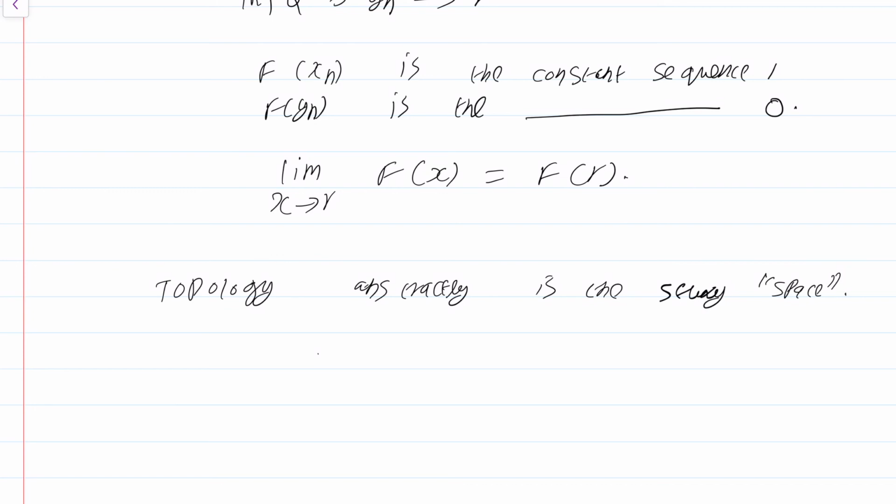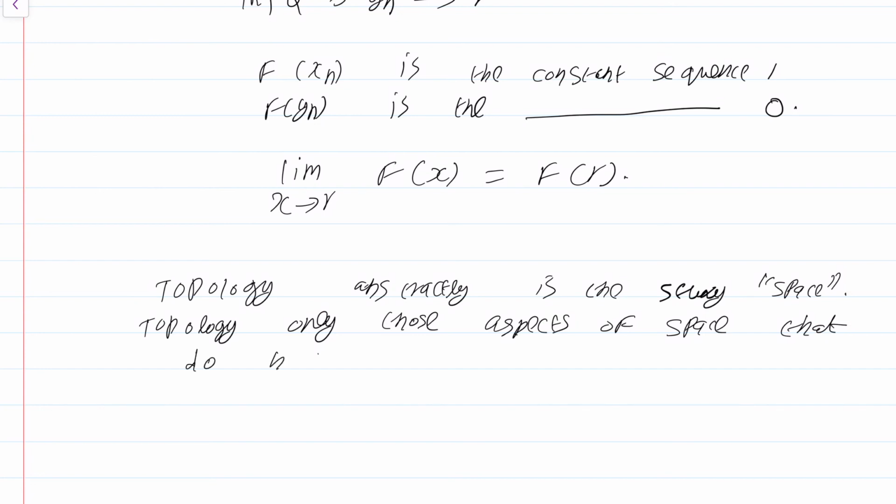Topology studies only those aspects of space that do not change with continuous deformations. Okay, so sort of continuity is built right into the very definition of what topology studies.